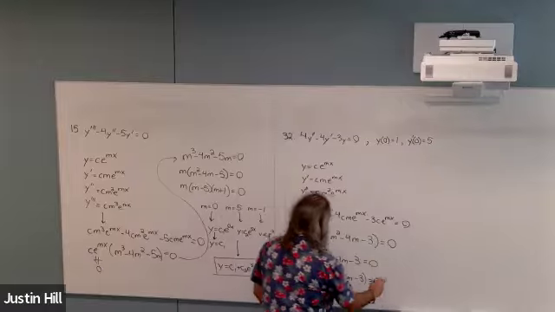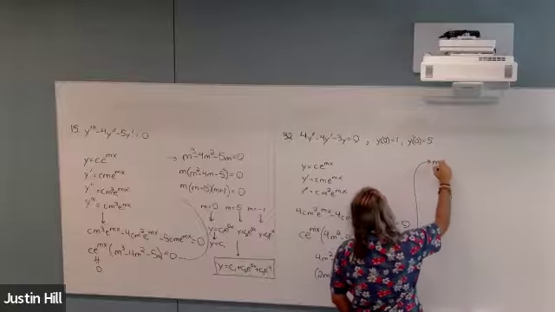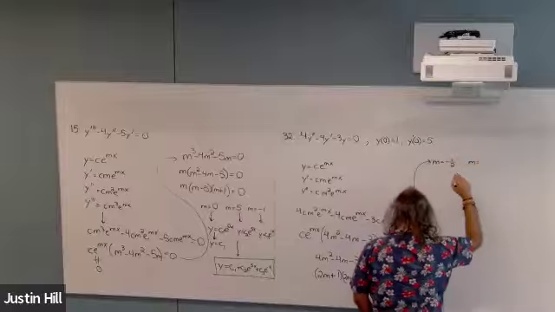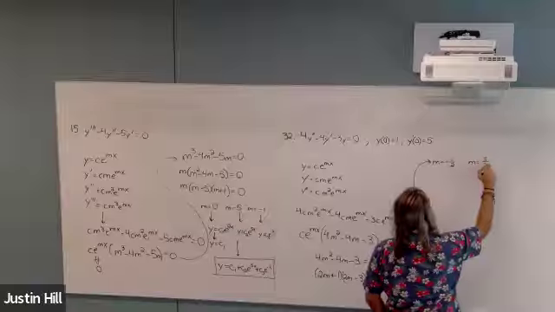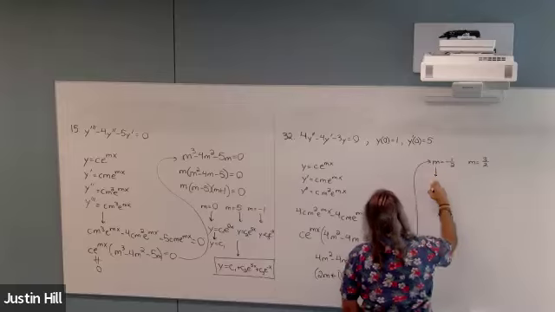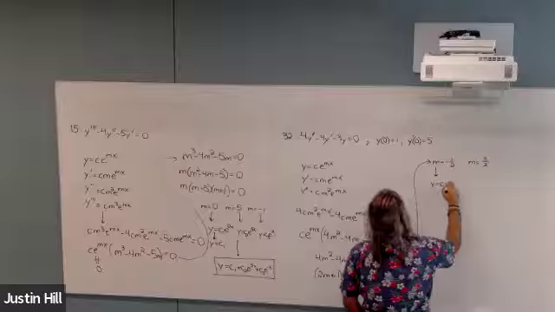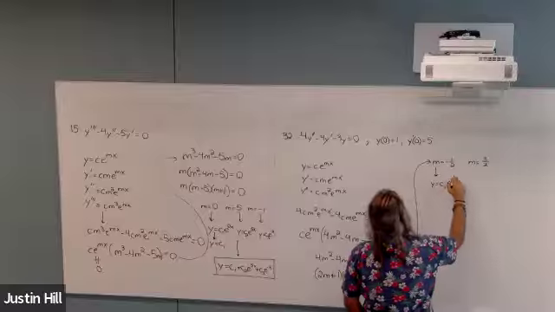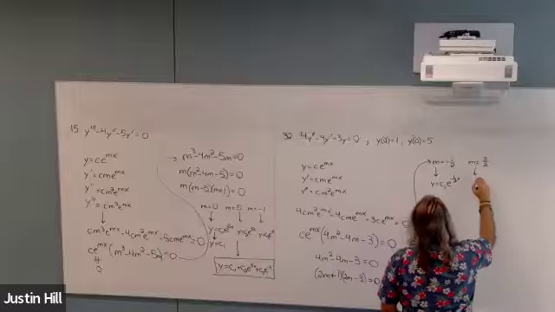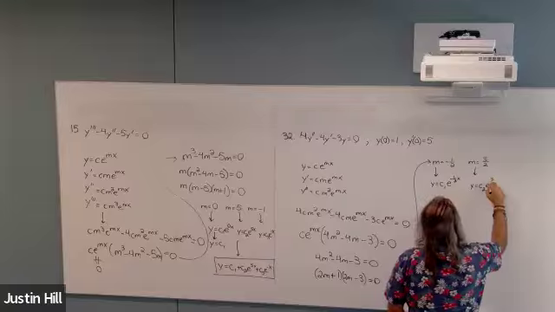So this gives me two solutions. m equals -1/2, m equals 3/2. Which gives me two parts. y equals C1 e to the -1/2 x, and y equals C2 e to the 3/2 x.